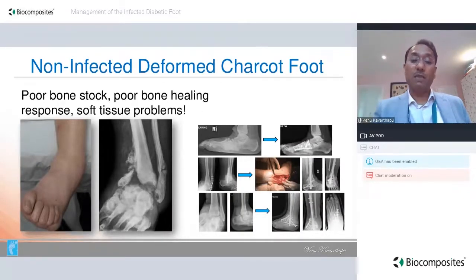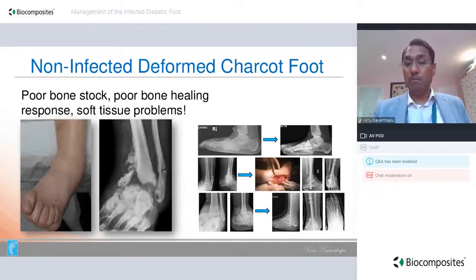In the background of that principle, I would like to emphasize that the surgical reconstruction of a non-infected Charcot foot is unlike what was thought in the past. Until about a decade ago, this was not considered a successful, appropriate surgical treatment. But now we know from recent studies that non-infected Charcot foot reconstructions are highly successful.